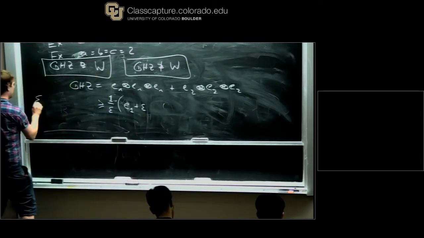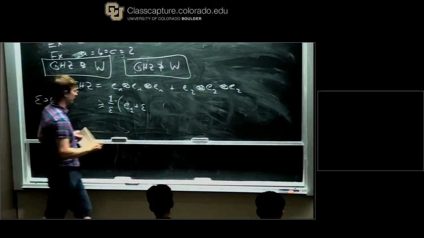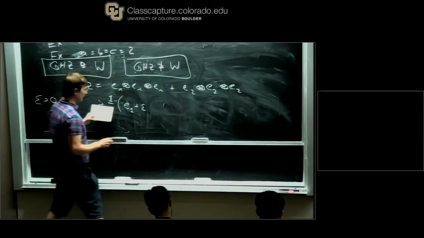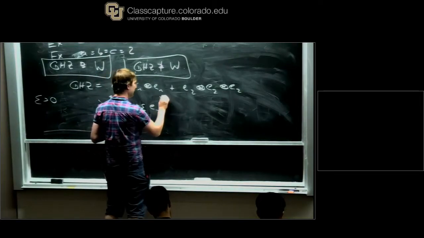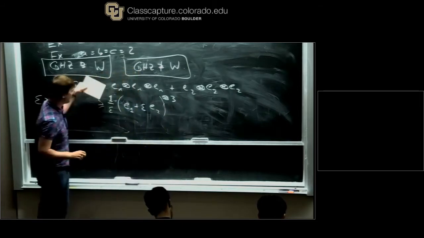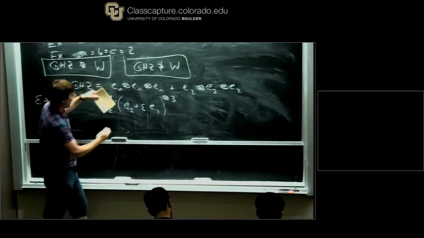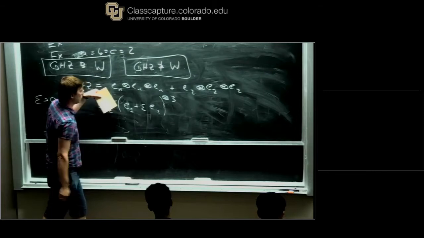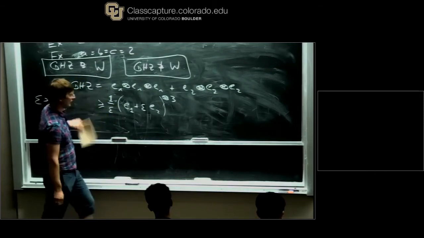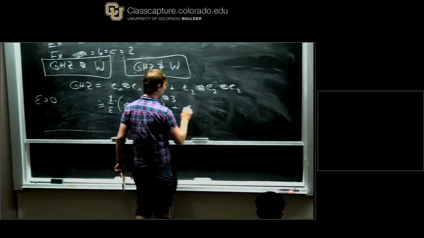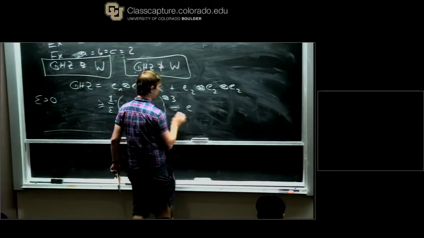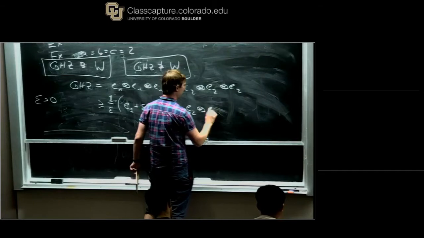I'm going to choose some epsilon, positive. I'm going to divide by epsilon, so 1 over epsilon times (E1 plus epsilon E2) tensor 3. All of these map it to E1 plus epsilon E2, and one of them scales it with a 1 over epsilon factor. And then for this E2 term, we just flip the sign, say on the first one.